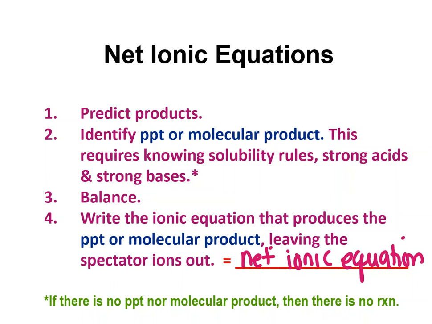Remember that if there is no precipitate or molecular product, then there is no reaction taking place. And to get the net ionic equation, it's pretty simple if you figure out the precipitate or the molecular product and just show what it takes to make those.